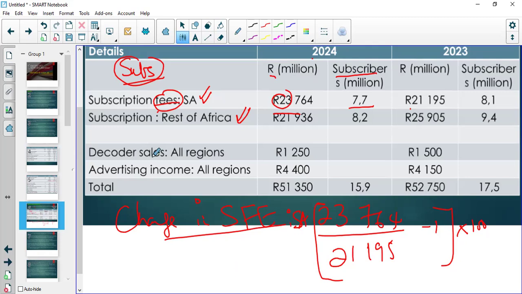Then you do the same for the rest of Africa. All right, this 21/25. Right, and remember, you don't have to make a comment for each ratio. You can make a general commentary at the end, because if they say 6 marks for calculations, 2 for commentary, then it looks like that's the proper way to deal with that.